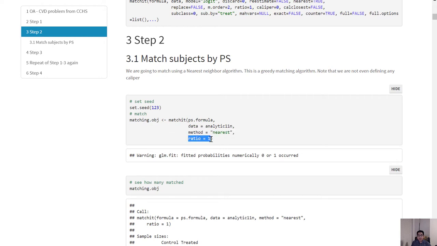That means I want pair matching using the nearest neighbor algorithm, using the data file, and using this particular formula. And it is always a good idea to set the seed before you run this MatchIt package, so that you can reproduce your own result. When you are running it a second time, you can get the same result if you set the seed.